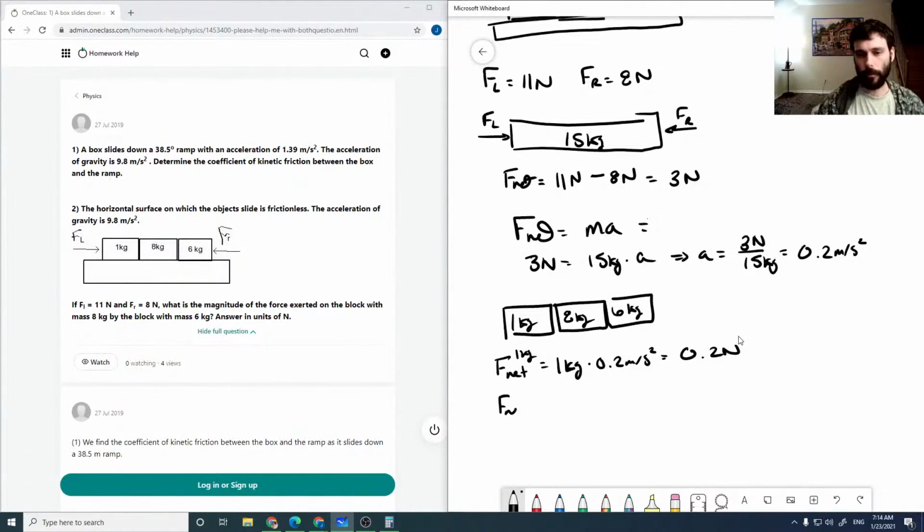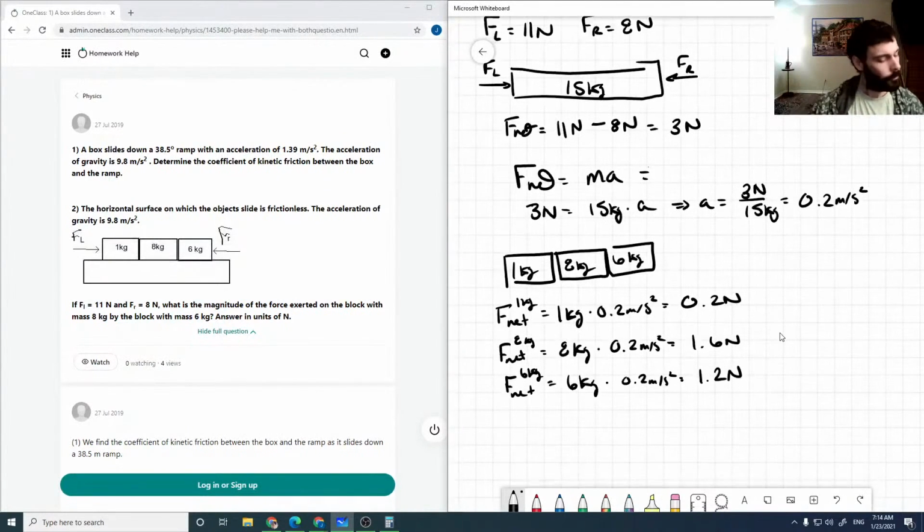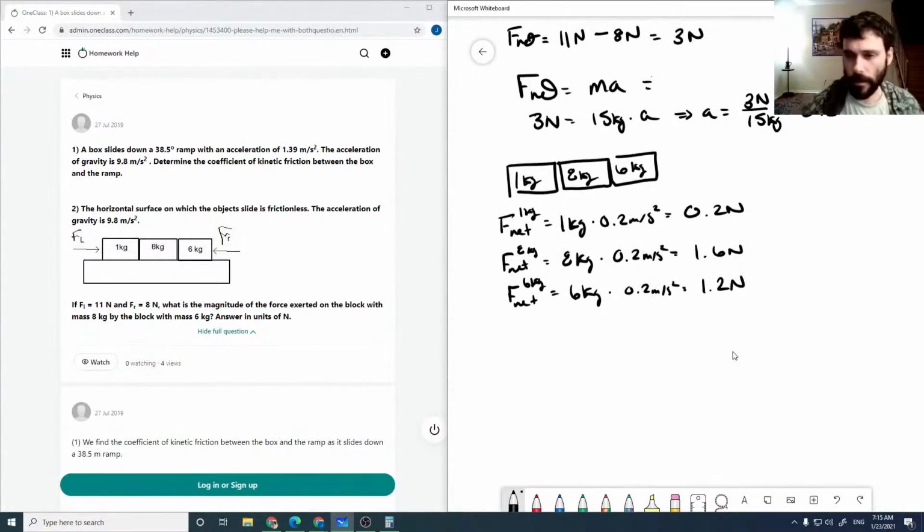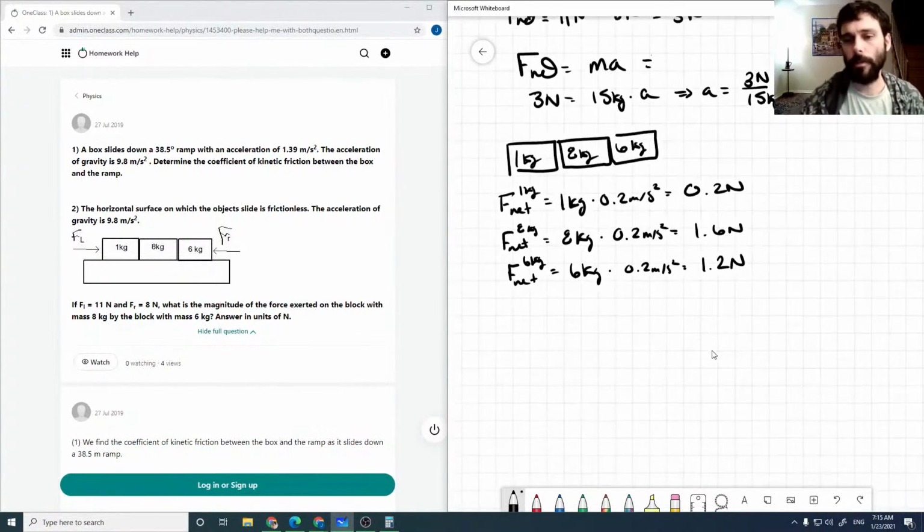Our F net for our 8 kilogram block is 8 kilograms times 0.2, which is 1.6 newtons, and our F net for our 6 kg block is 6 kg times 0.2 meters per second squared, which is 1.2 newtons. Okay? So those are our individual forces on those blocks.